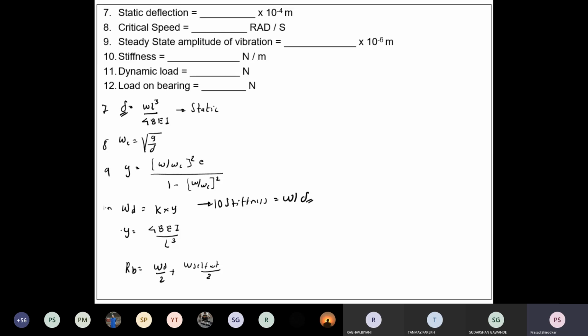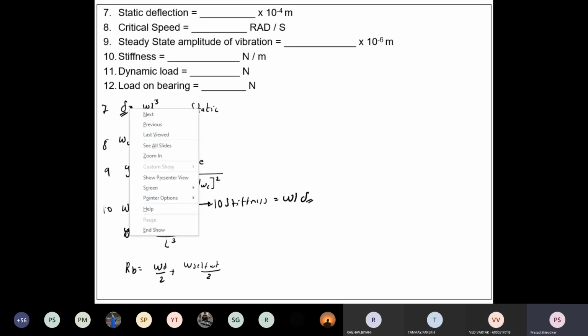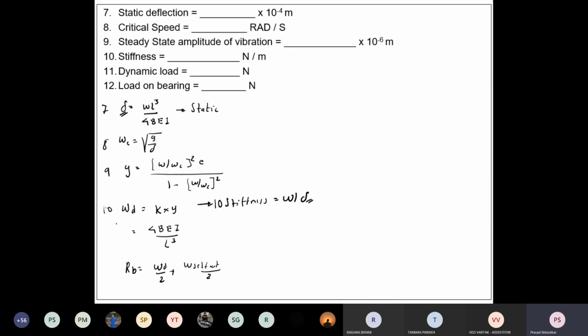I'm sorry, I have written it wrongly; I'll just correct it. This is 10, K. K is 48 EI divided by L cubed. And W dynamic will be 11, that is K into Y. So that is 11 and this is 12.